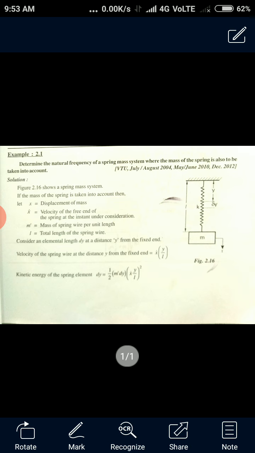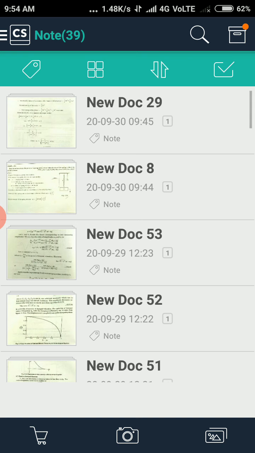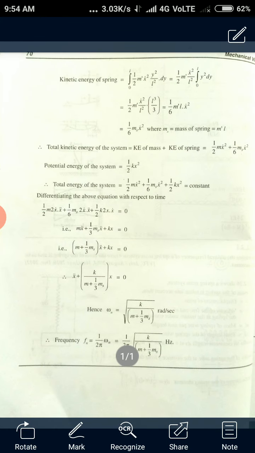In order to get the kinetic energy of the entire spring of length L, you have to integrate this equation from 0 to L. Then you will get the total kinetic energy of the spring considering its mass. So now take the integration of the above equation. Kinetic energy of the spring equals integration 0 to L of 1 by 2 m dash x dot square y square by L square into dy.